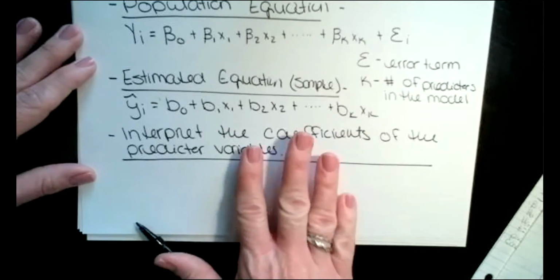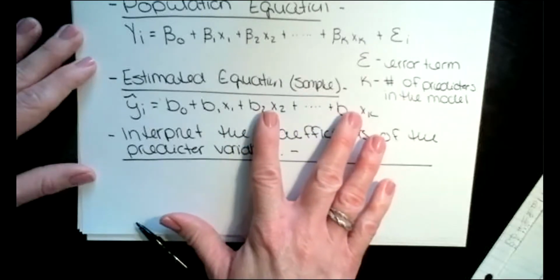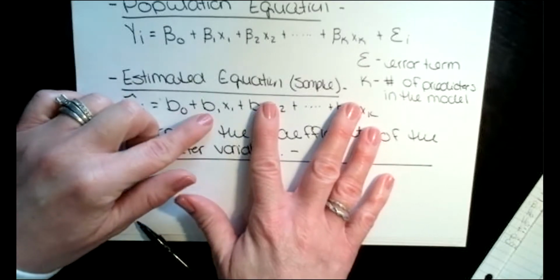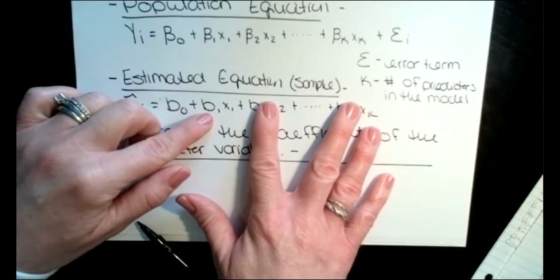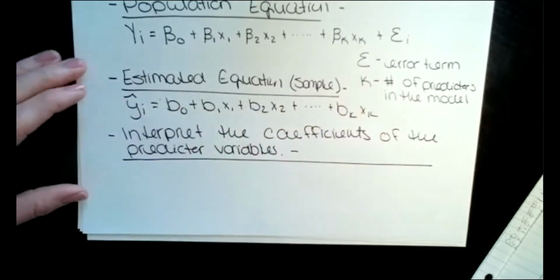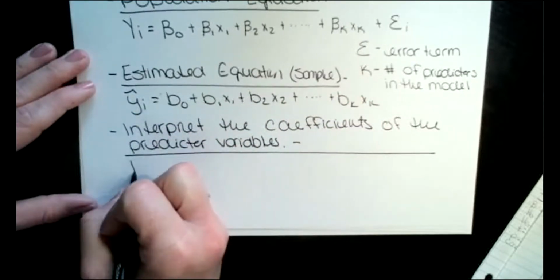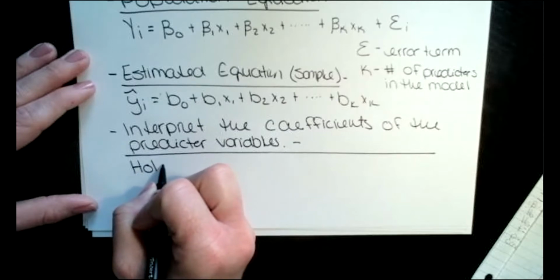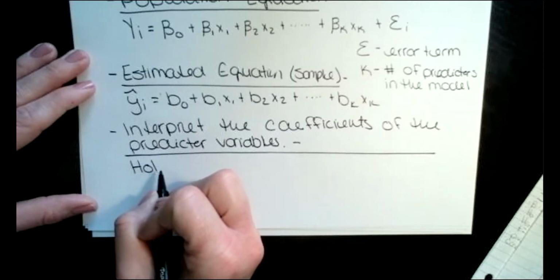So we're saying if all the other predictors are constant, meaning they don't change, then I can interpret this beta or this b. So it's just like a little statement at the beginning or at the end of my interpretation.